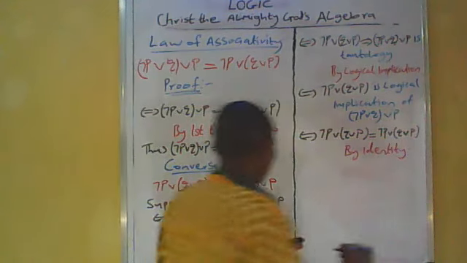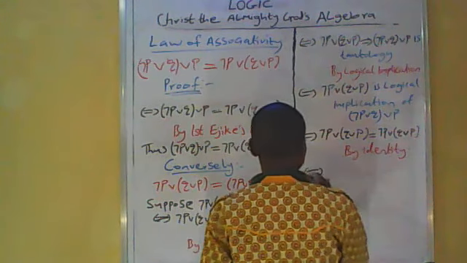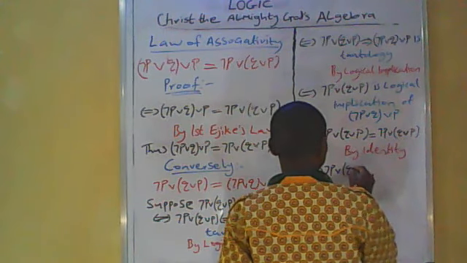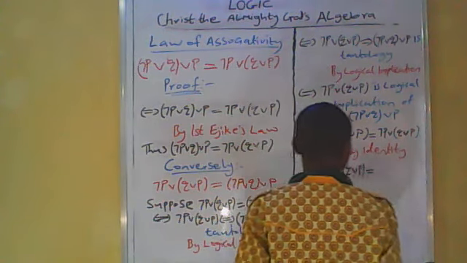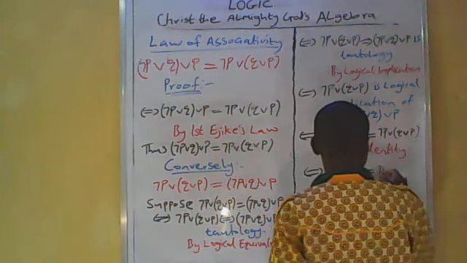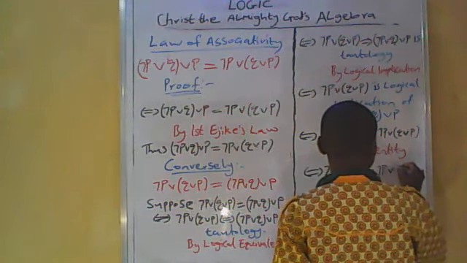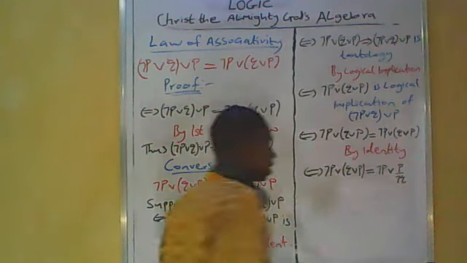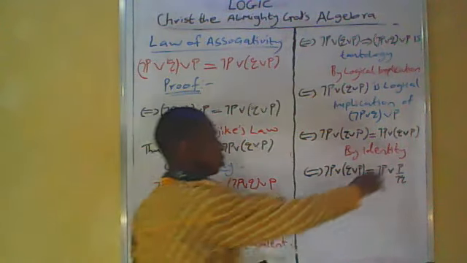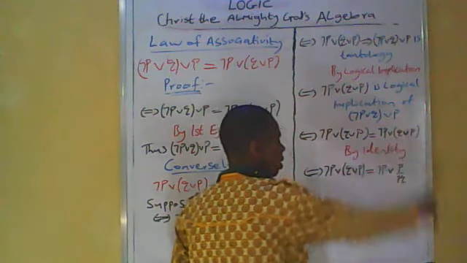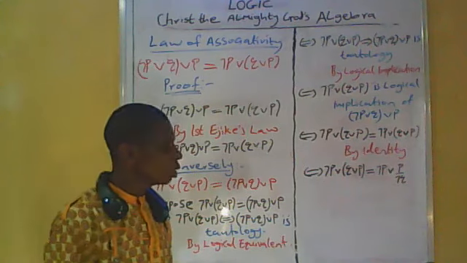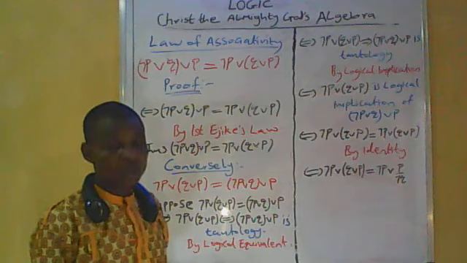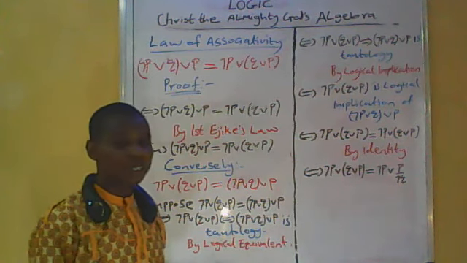Say if and only if not P or (Q or P) is equal to not P or (not Q implies P). You have seen that we have now transformed Q or P to a conditional statement.